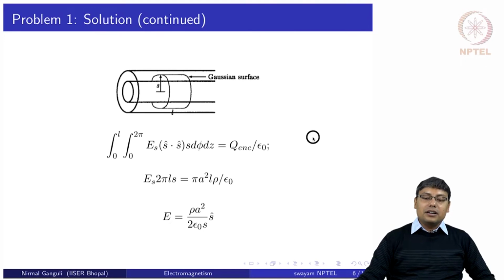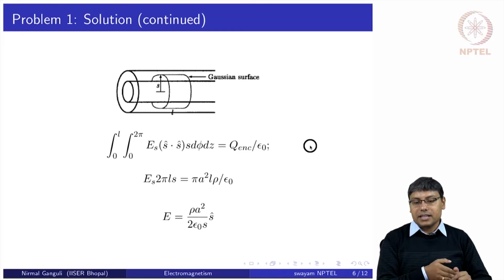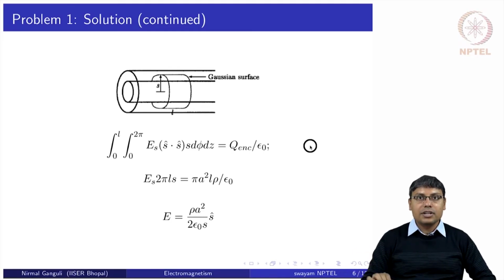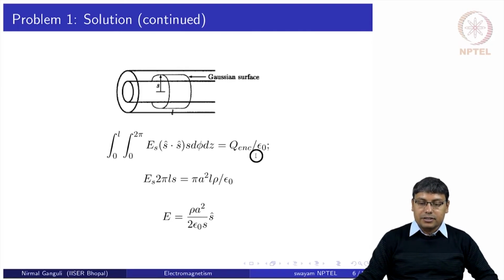Of course, we have not explicitly shown the surface integral with the flat surfaces, because on the flat surface the direction of the surface is perpendicular to the electric field. Therefore, the dot product of E and dA will take it to 0. That part won't contribute to the left hand side of the equation.